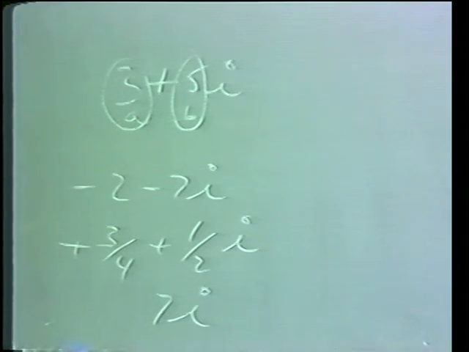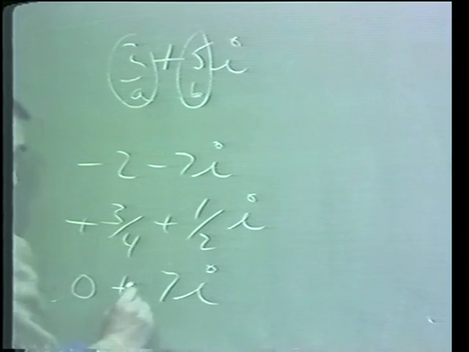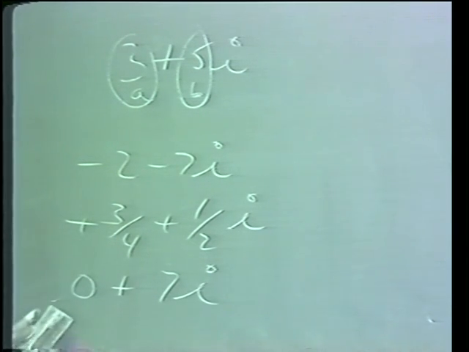Suppose I have 7i. Is this a complex number? Yes, sure is. What's a, Tony? 0. This is nothing but 0 plus 7i. 0 is a real number. 7 is a real number. This is a complex number.